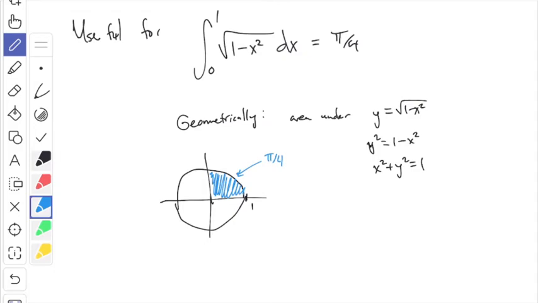Then suddenly I have no idea what the answer is, because that would be some very weird looking portion of this. It would be only that much, and I have no idea what that area is. All right. Anyway, the trig substitution is meant to actually give you a good way to do integrals like this, one that doesn't involve thinking of it in terms of an area of a circle.